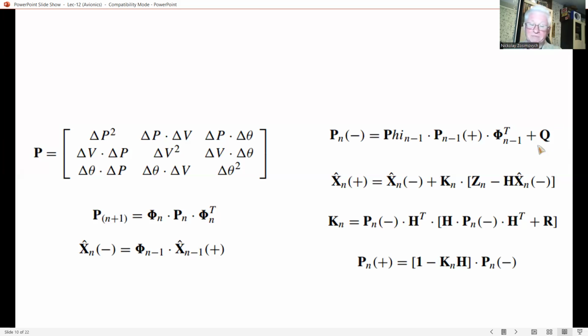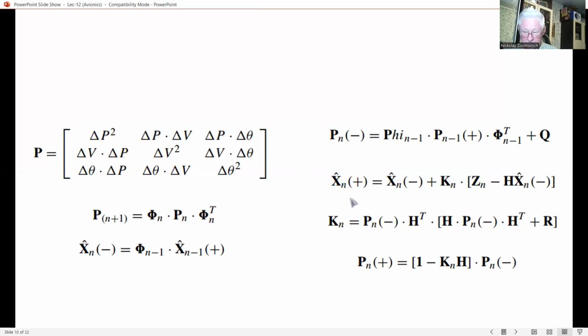During the filter update procedure, the difference between the actual measurement and the measurement made of the estimated state is weighted and used to modify the estimated state, as you can see in this second expression.